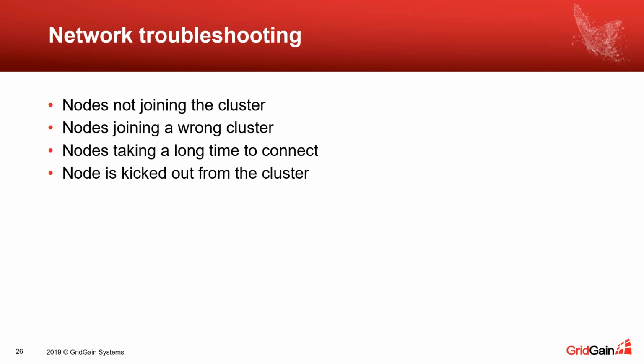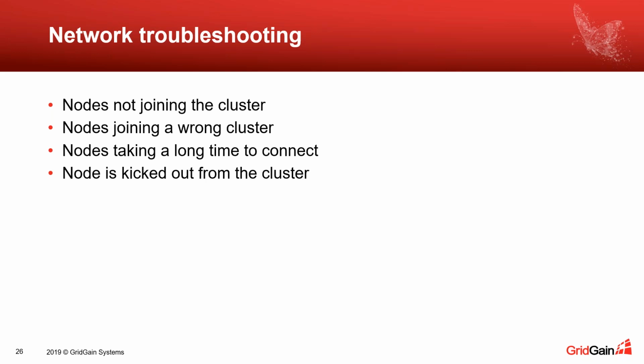So what kinds of network issues are there? You might see that your nodes are not able to join your cluster or not able to find each other. You might see nodes joining wrong clusters and clusters merging when you don't want them to.